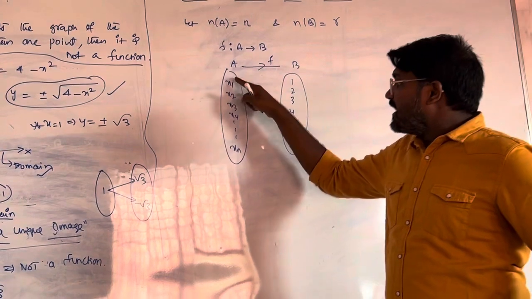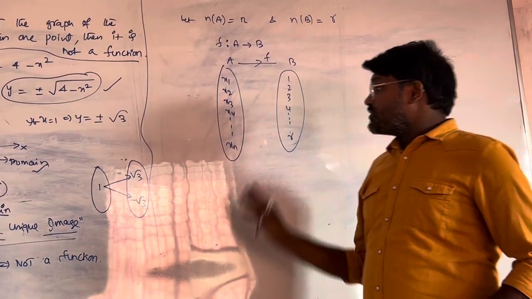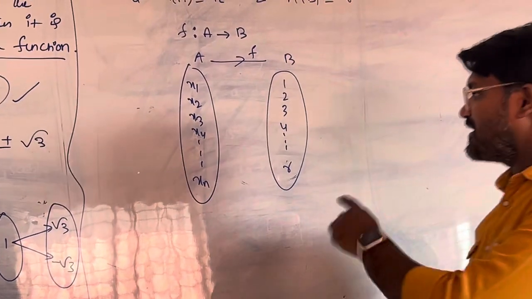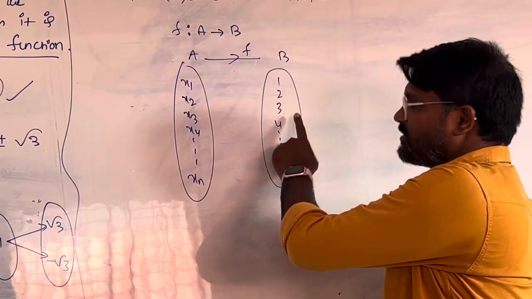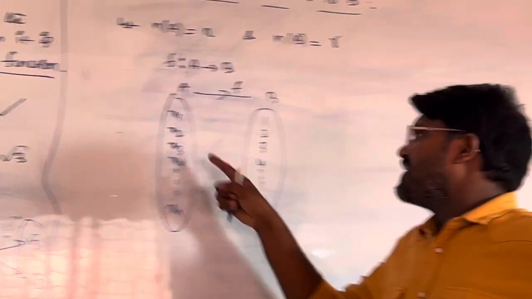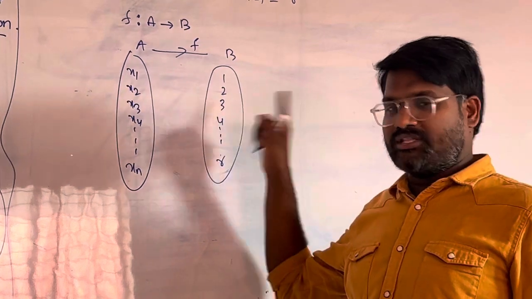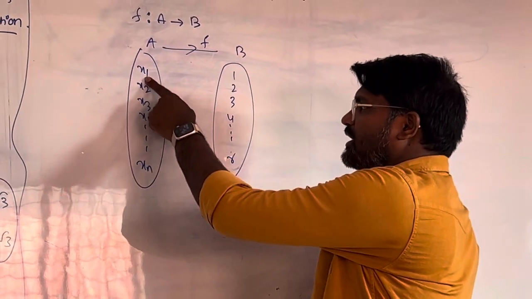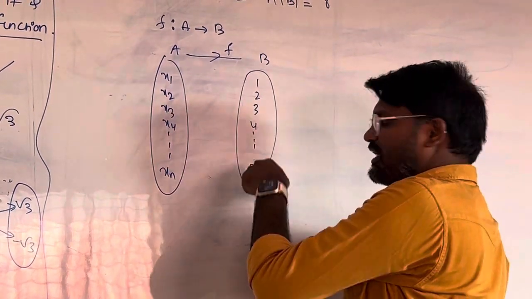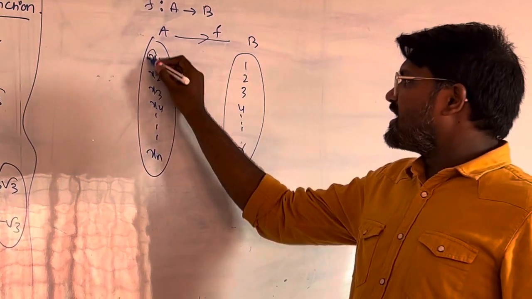I said every element in set A has a unique image in set B. So in how many ways can I allot an element from set B to the elements in set A? Or in how many ways can I assign the images to every element in set A, and it should be unique. That means if x1 is assigned to one of the values in B, x1 cannot be assigned to any other element in B. That is the meaning, right? Now here, let's start with element x1.